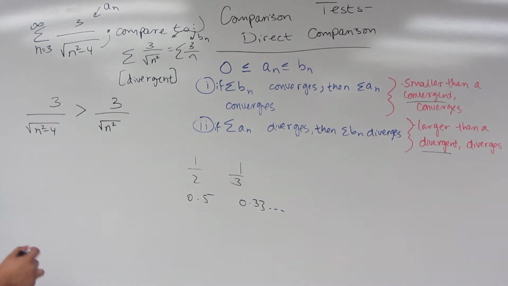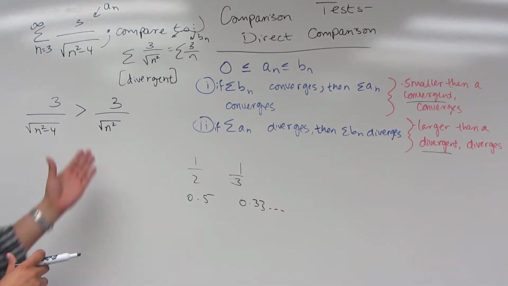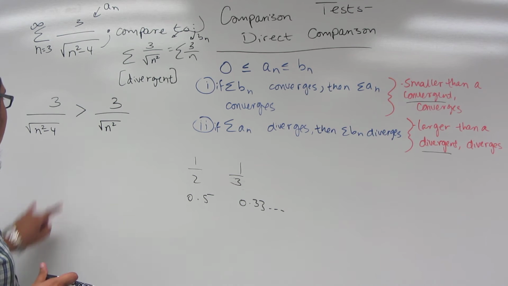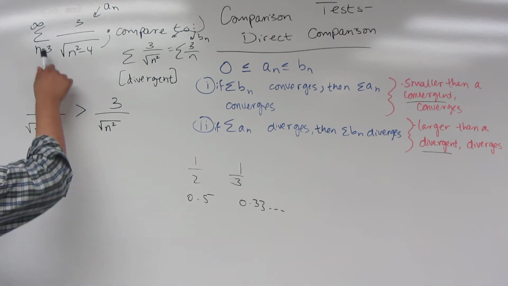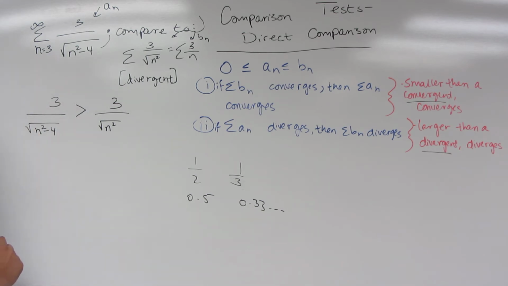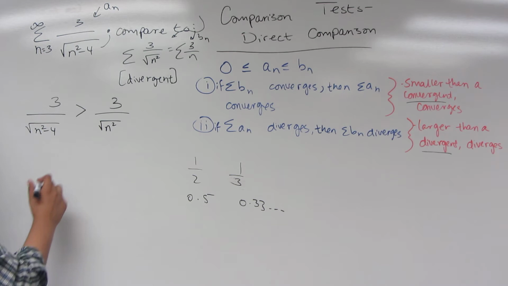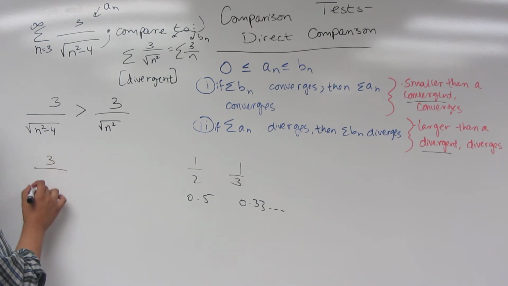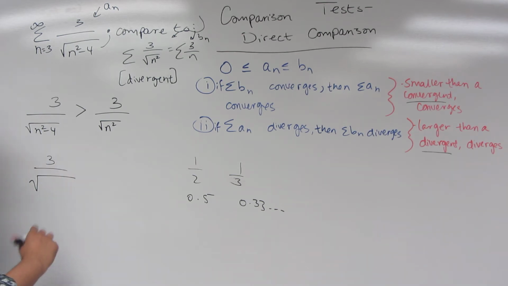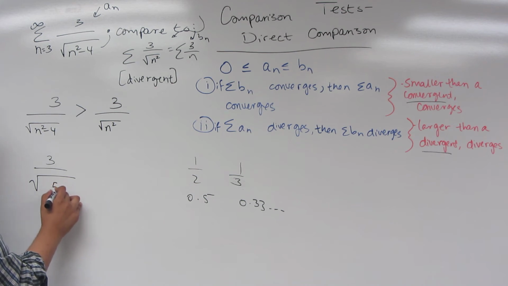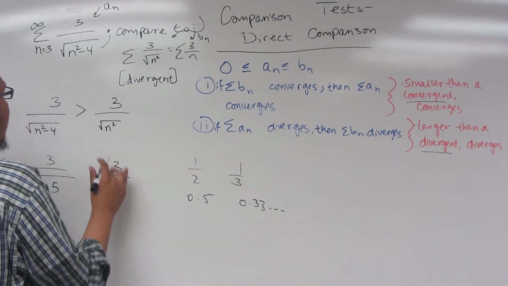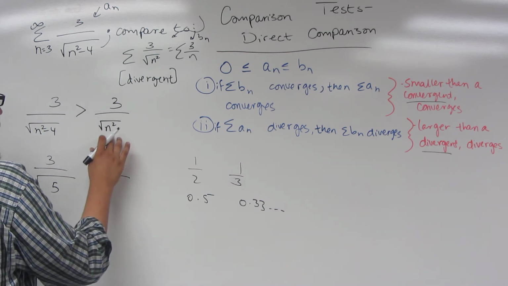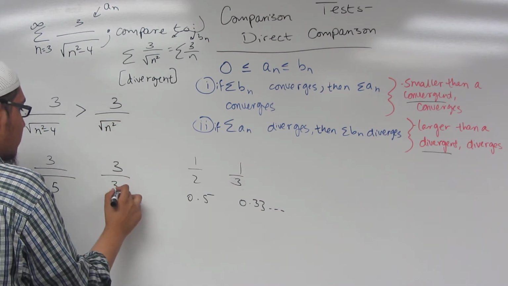Okay. Now let's say that we were having some trouble figuring out the signs just by looking at these in terms of fractions. Let's maybe substitute a number in there. How about, on this interval, let's substitute a 3. So this becomes 3 over square root of, well, 3 squared is 9, so 9 minus 4 is 5. Okay. And then we have 3 over the square root of, okay, well the square root and square cancel out, so that's just a 3.